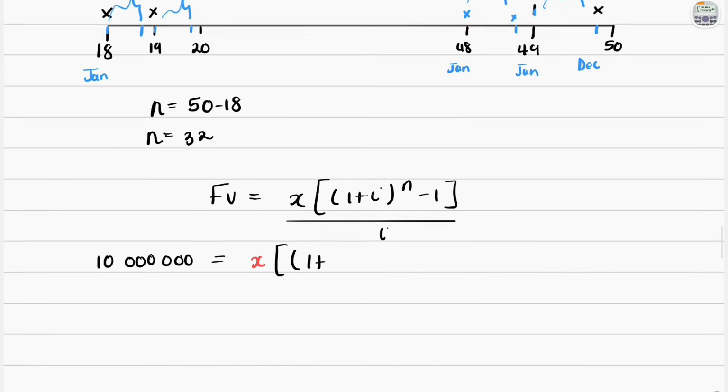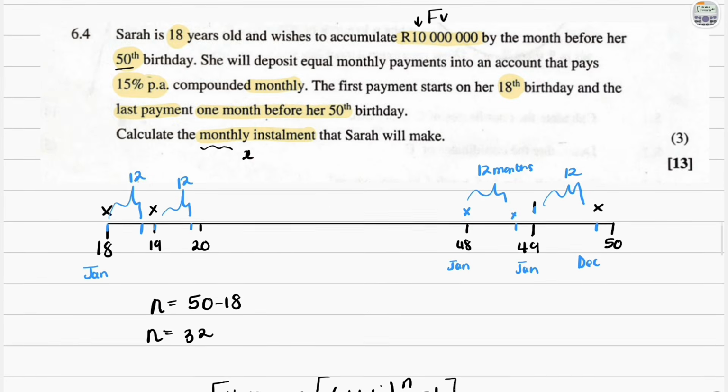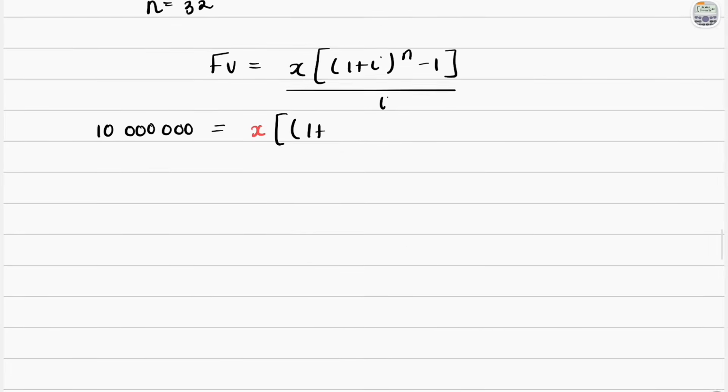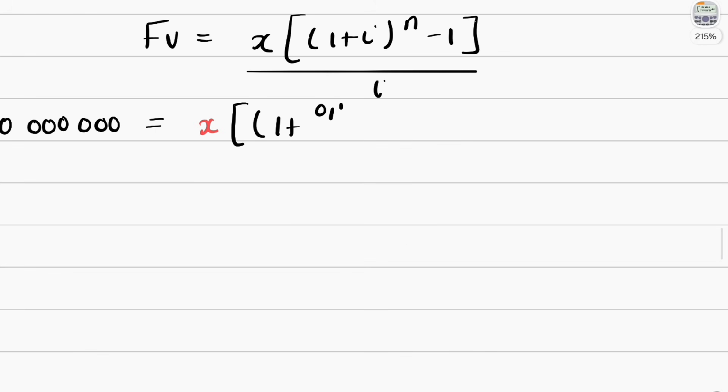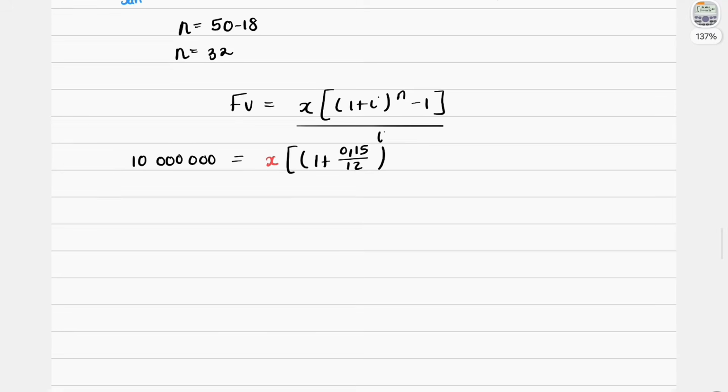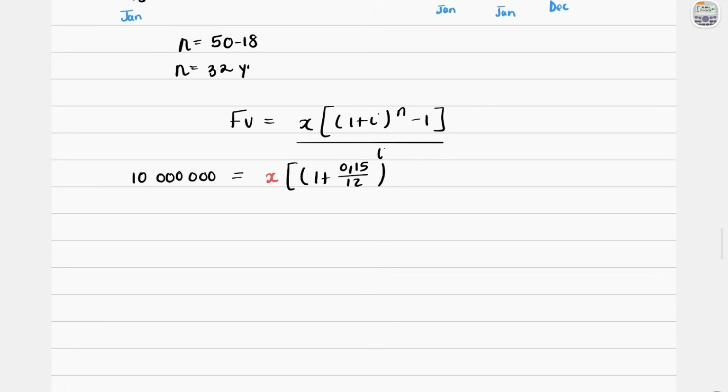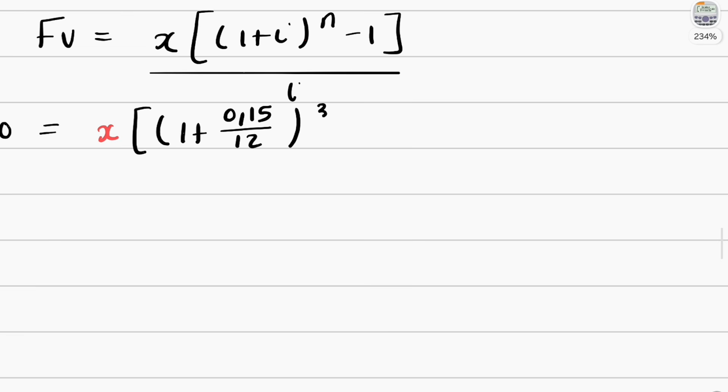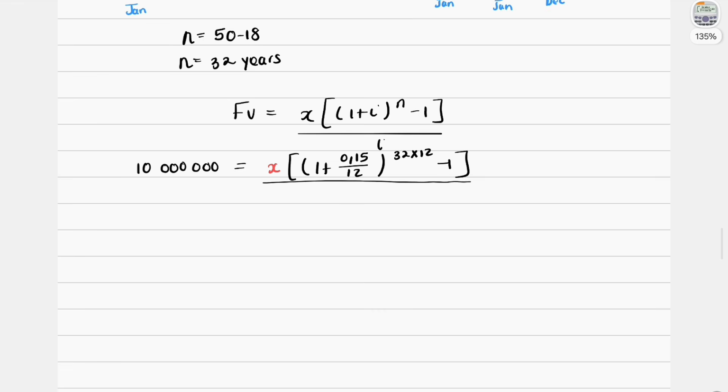So this is 1 plus, the interest is 15% compounded monthly. So this is 0.15 over 12 raised to the power of, now we know that there are 32 years of payment. So it's going to be 32 times 12 and then minus 1 all over the interest.